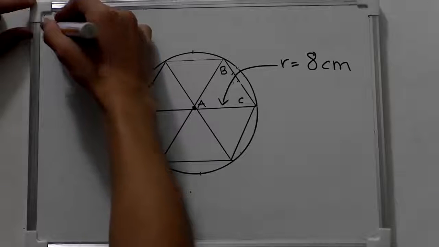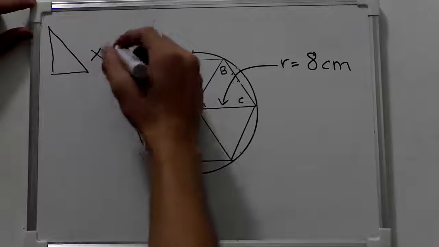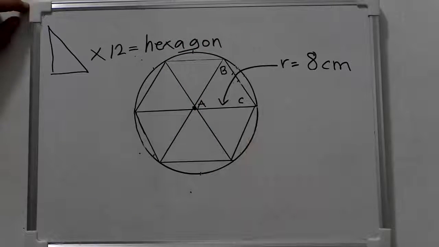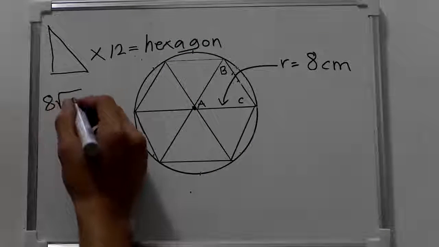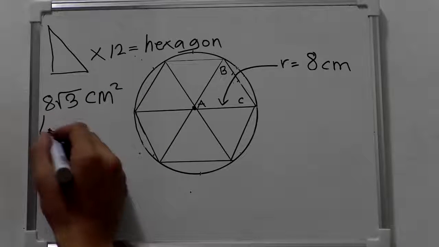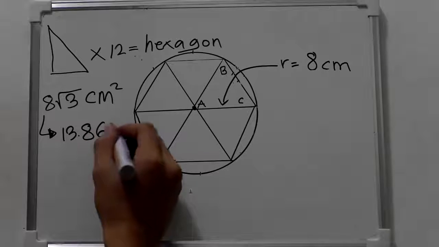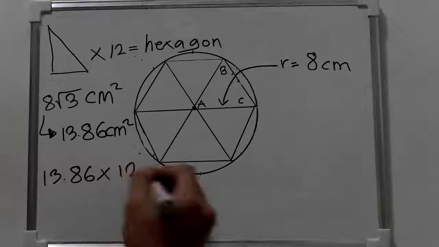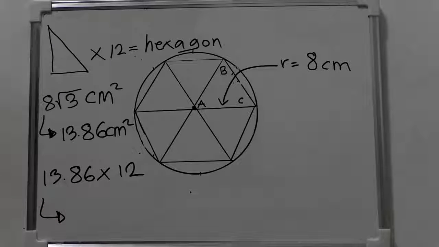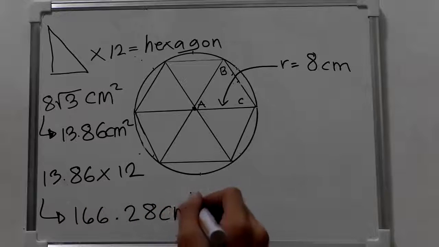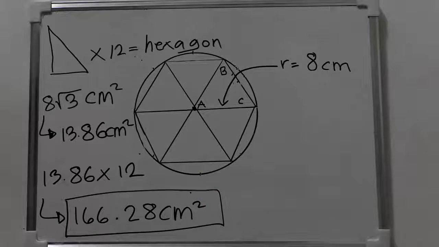Then we need to multiply our right triangle by 12 in order for us to get the total area of our hexagon. So 8 square root of 3, or 13.86 multiplied by 12 equal to 166.28 centimeters squared. And that's all.